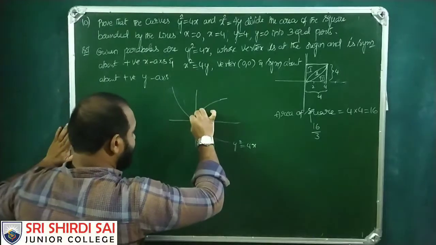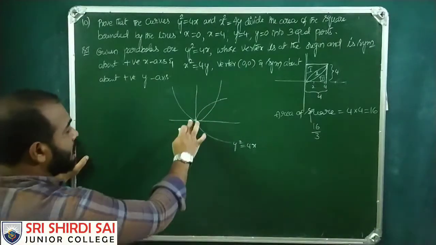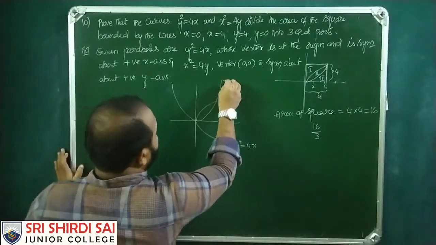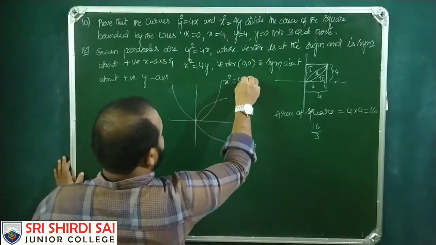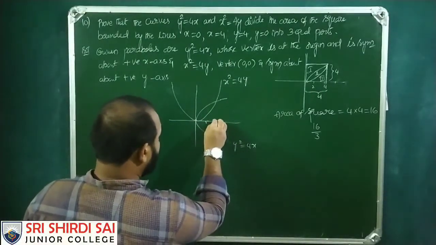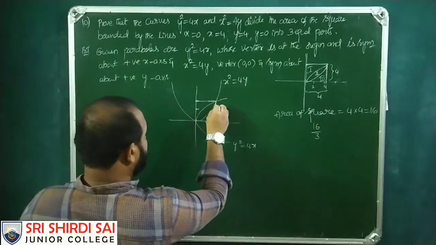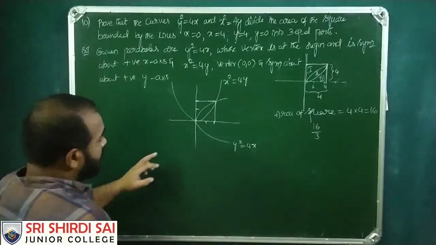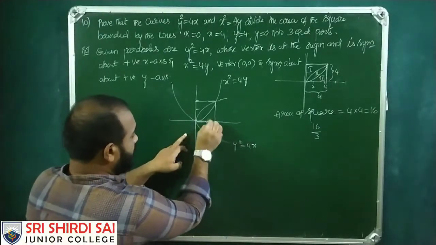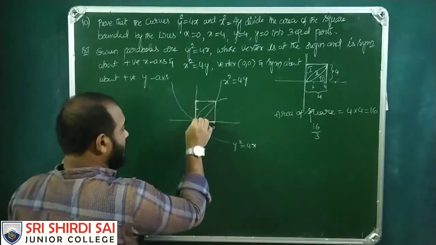So this is x square equals to 4y, and now this is 2, this is 4, and this is 2, this is 4. Therefore this is y-axis, this is x-axis, y equals to 0, and this is y-axis, x equals to 0.